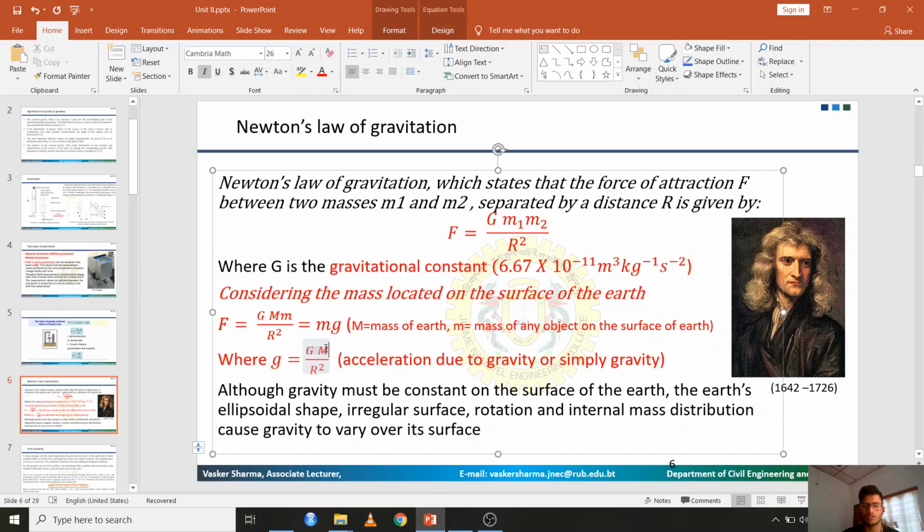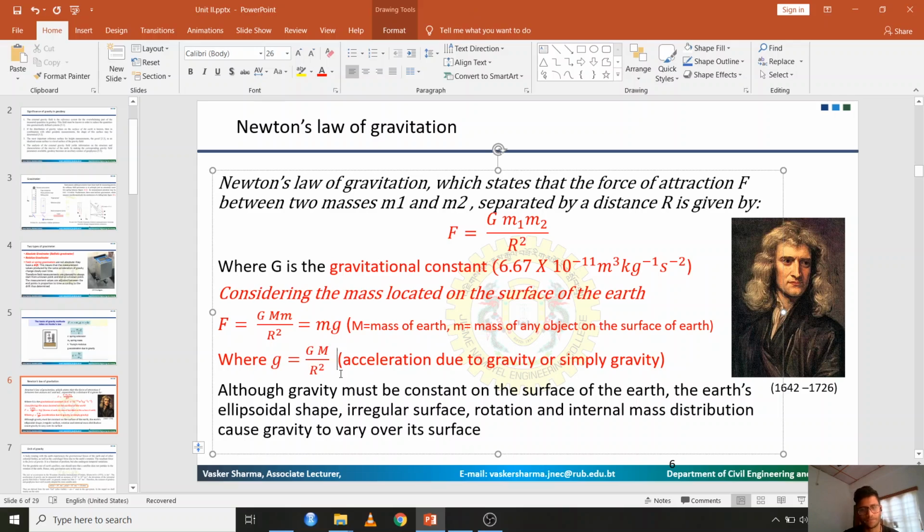M, the mass of the earth, doesn't change, and r is the radius of the earth, which also doesn't change. So looking at this mathematical representation, it seems obvious to us that the acceleration due to gravity remains constant.